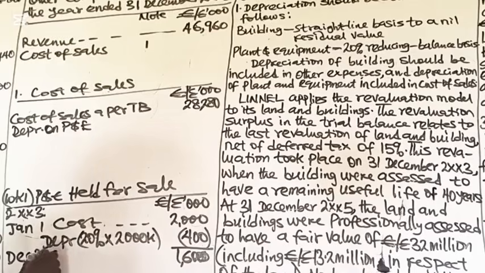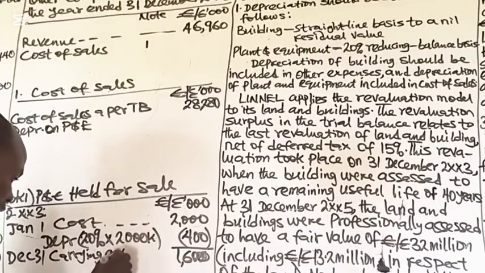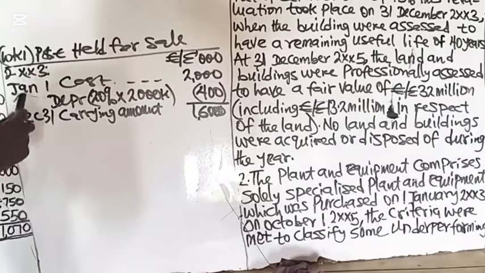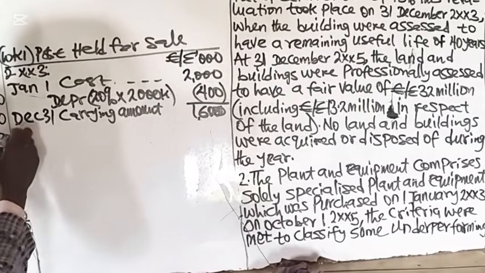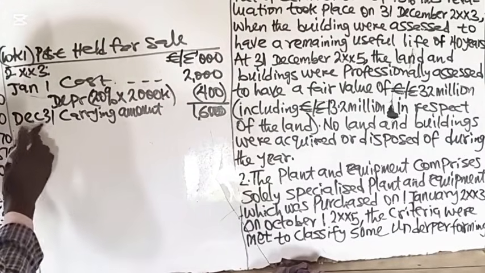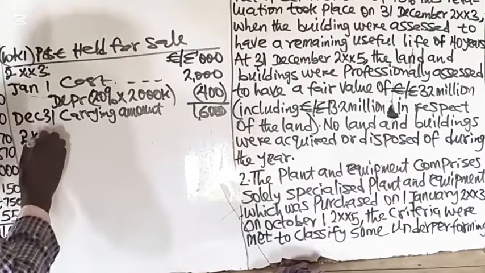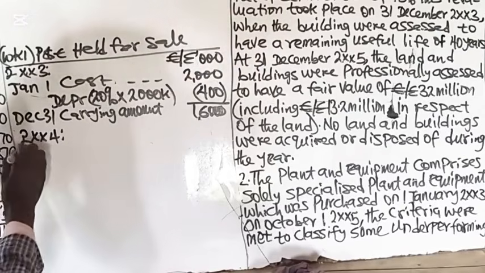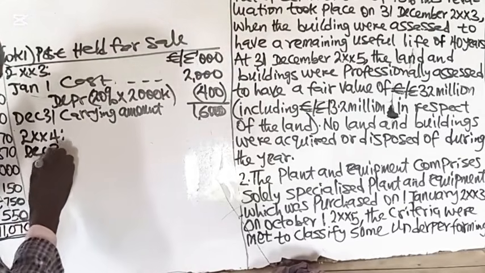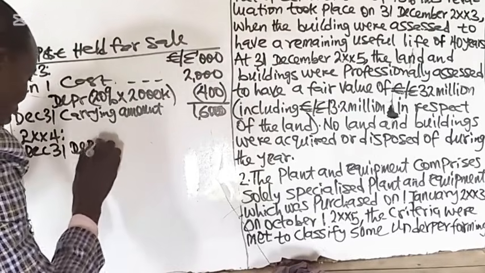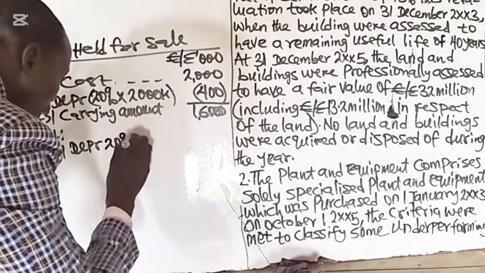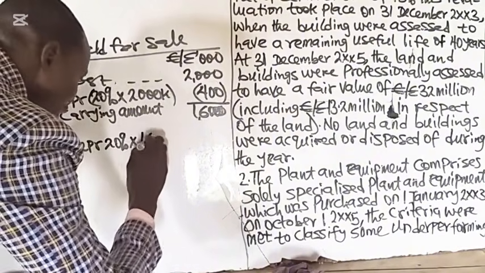20X3. This is the carrying amount as at 31st of December, 20X3. After 20X3, we have 20X4. So as at December 31st, 20X4, depreciation will be charged as an expense, which is 20% of 1.6 million.